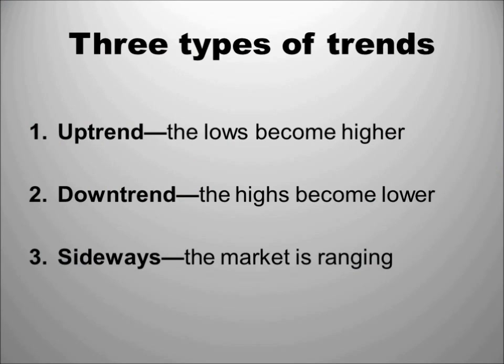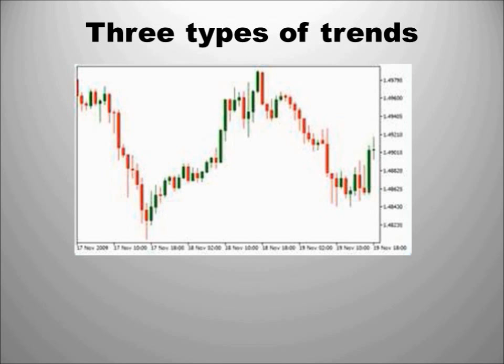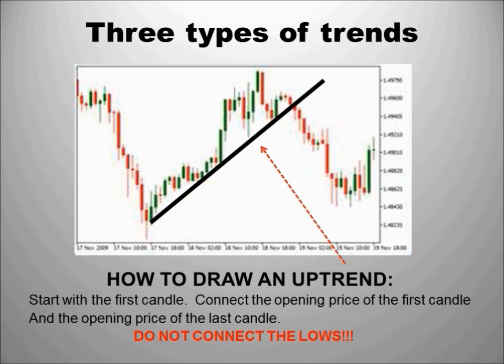If we don't draw them correctly, then they will fail us. So, there are three types of trends. The uptrend, that's what we see in the bull market. Downtrend, that's what we see in the bear market. And sideways, it just means there's little volatility and the market is stable.